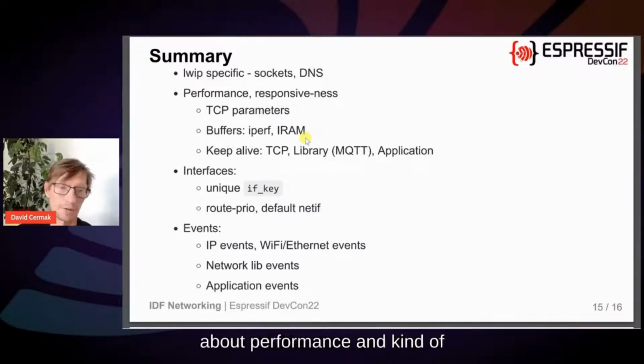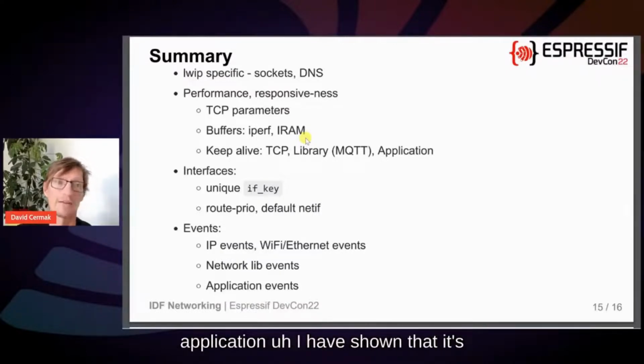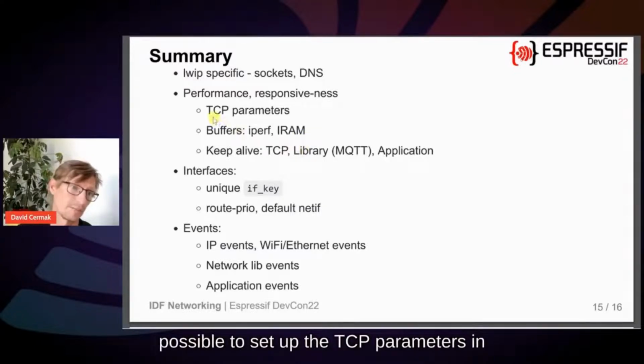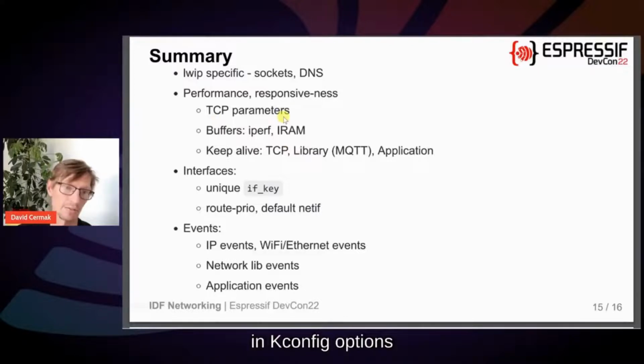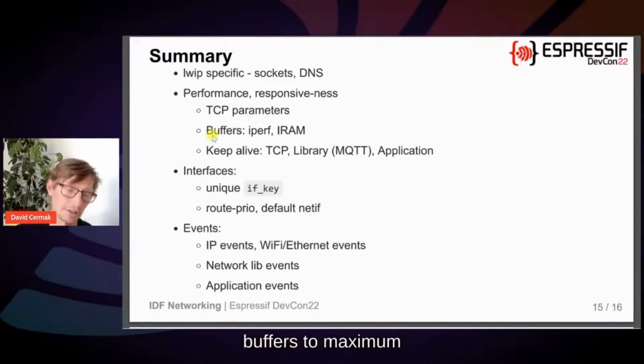About performance and responsiveness, liveness of the application, I have shown that it's possible to set up the TCP parameters in kconfig options. If we are looking for the best performance, we need to adjust buffers to maximum.